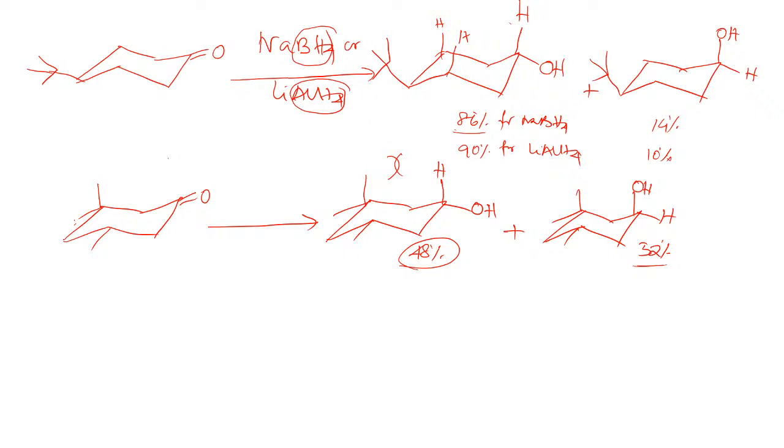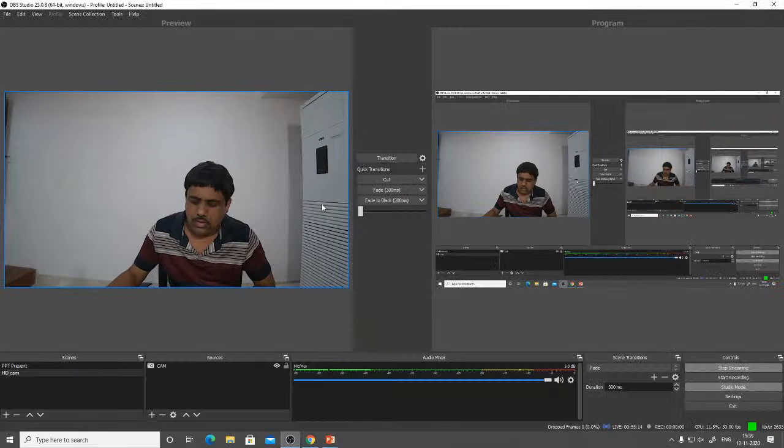So some questions. Kumar CH is asking, please show the mechanism of conversion of cyclohexanone to cyclohexenone. I think this is very easy.